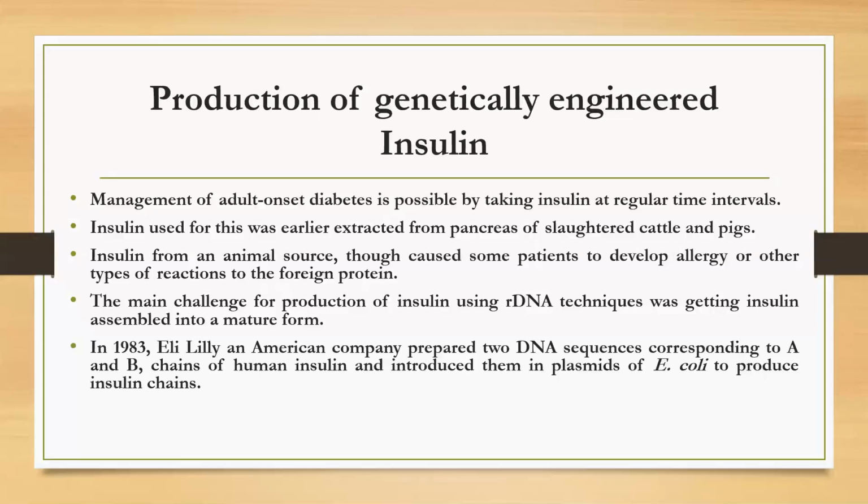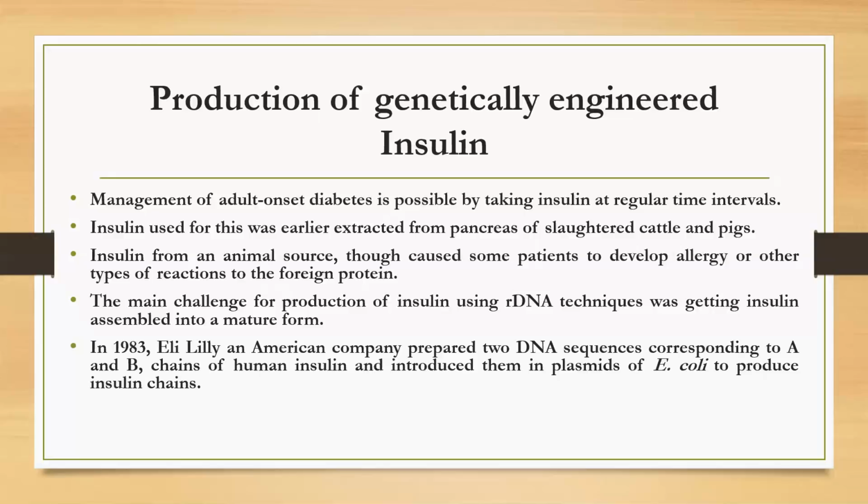See, in 1983, Eli Lilly, an American company, prepared two DNA sequences corresponding to A and B chains of human insulin and introduced them in plasmids of E. coli to produce insulin chains. So this is just the idea of artificial insulin synthesis. In 1983, Eli Lilly, an American company, particularly one scientist named Itakura et al., gave this principle.